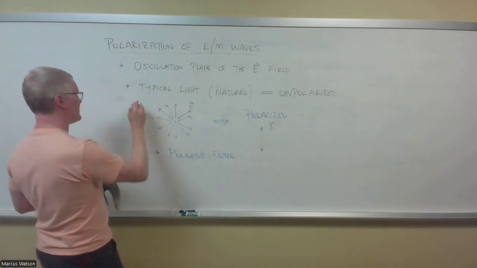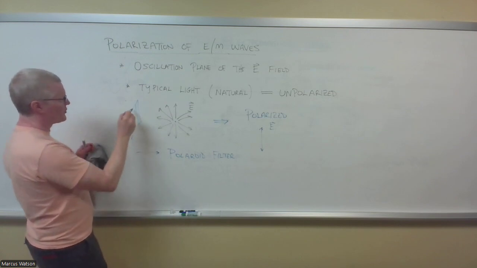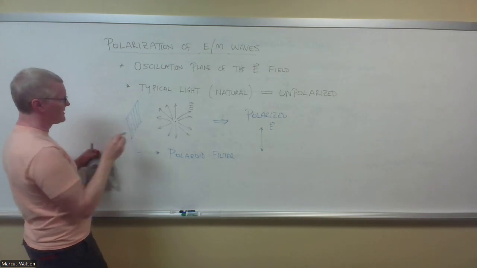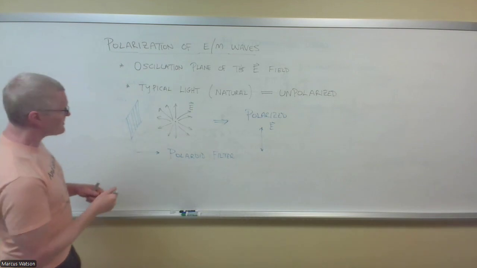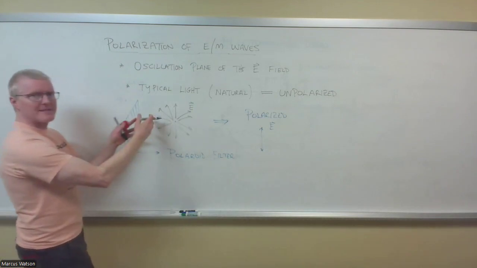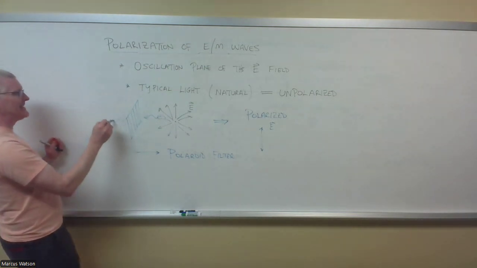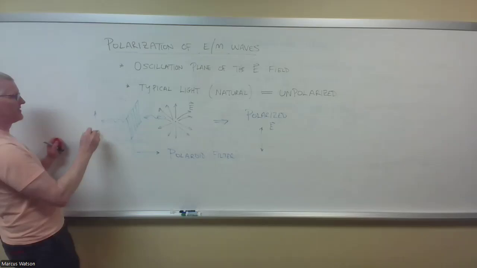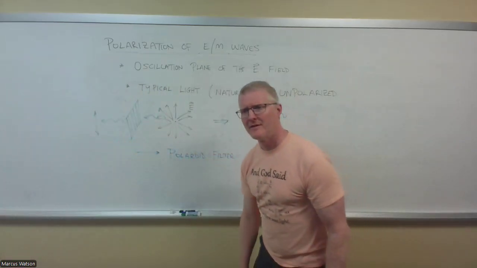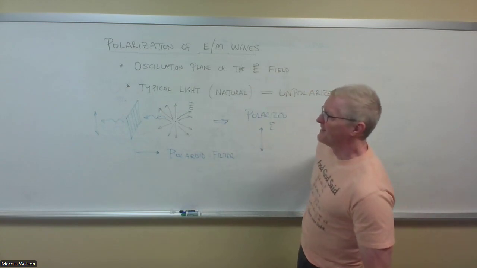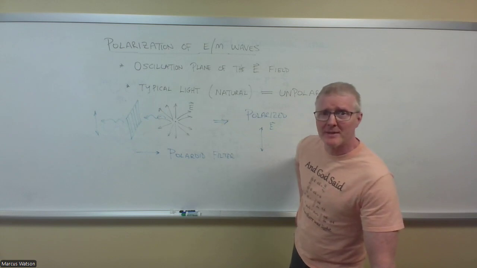Let's suppose that this Polaroid was going to allow vertically polarized light through. Such that if this unpolarized light comes this way towards the filter, then it leaves like this. Does that make sense? Good. Any questions? No? Okay, guess we'll keep going.